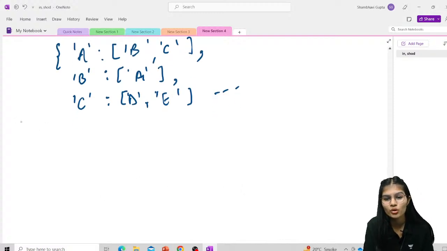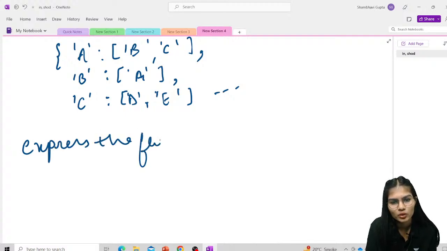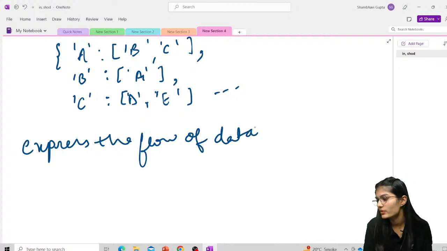It helps you to very easily express the flow of data, and that is the reason graph theory is important for you to understand.